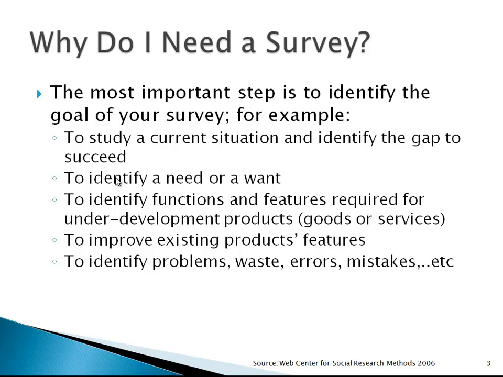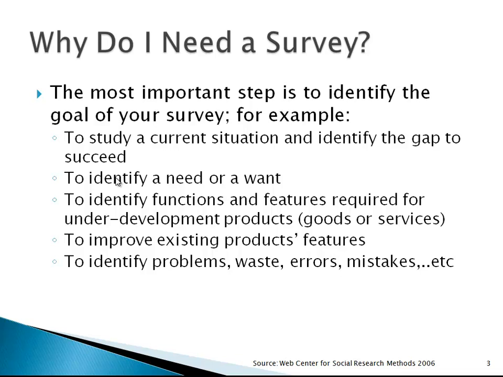And then we can use it to identify functions and features of that under-development product. When we say products, we are saying goods or services. If I am trying to create a new service to provide for the community, then I need to see what kind of features, requirements, or needs the population would like to see in this service that I am providing.